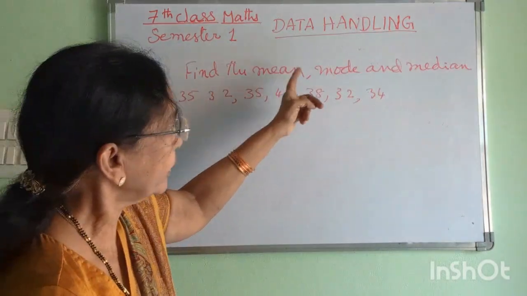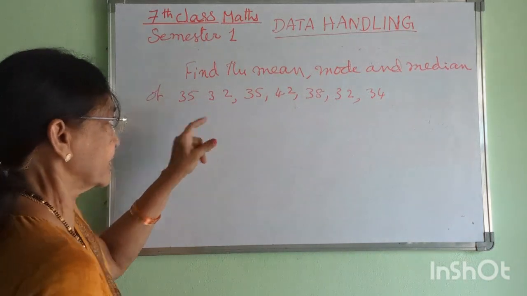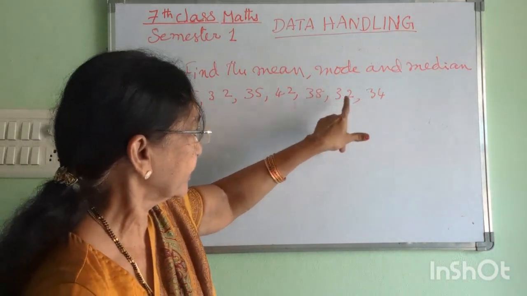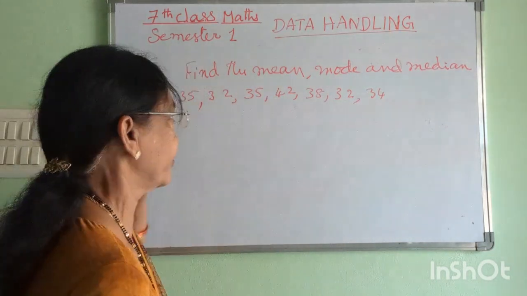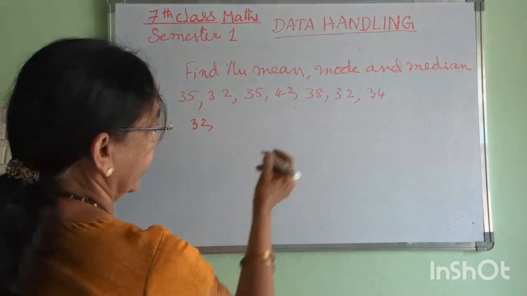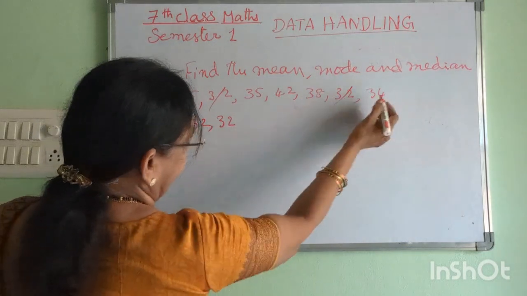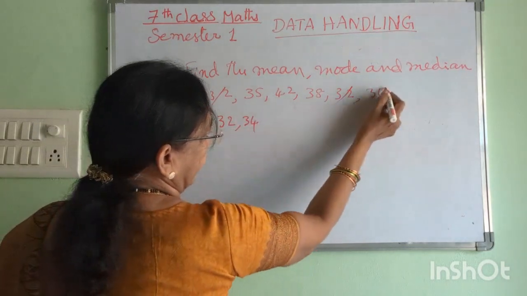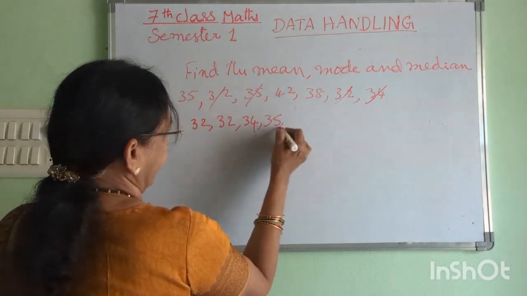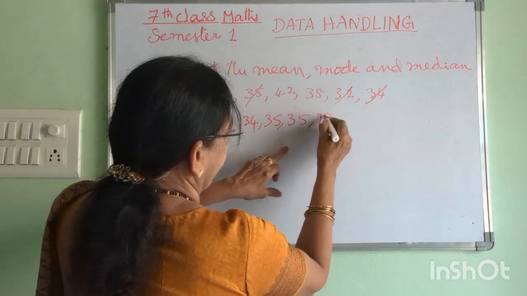Next one. Find the mean, mode and median, all three values, of this data: 35, 32, 35, 42, 38, 32, 34. First we will write them in an order. 32, the smallest one. There are two 32s. 32. Next 34. Next 35. Next 35. Next 38.